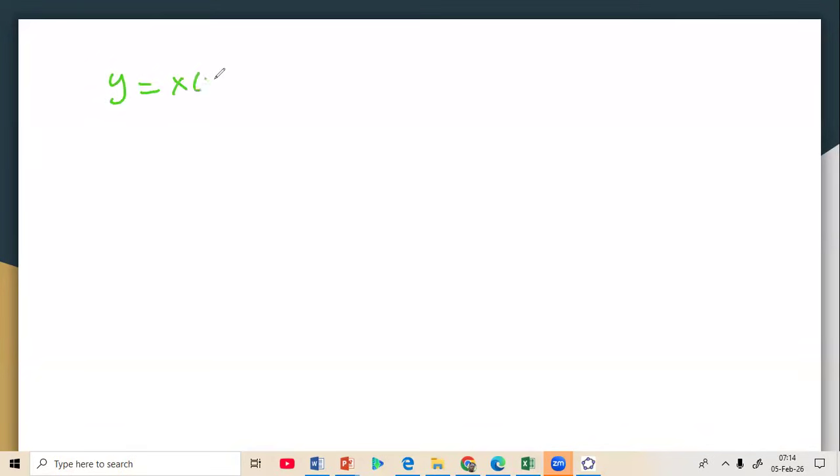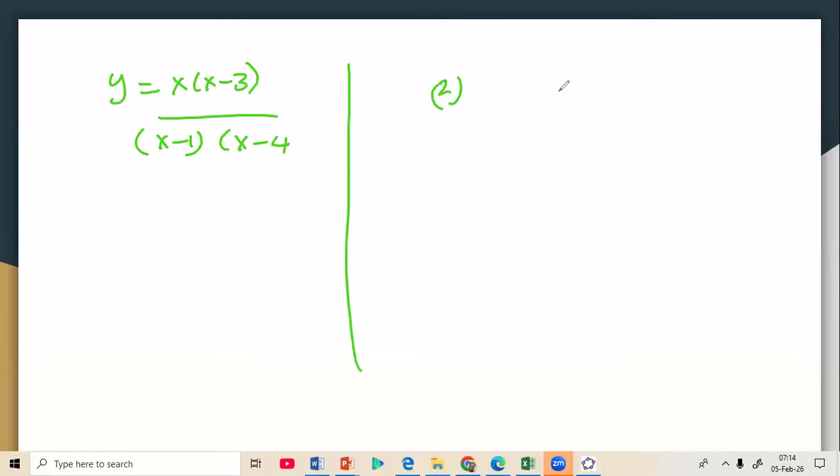Y is equal to (x minus 3) over (x minus 1)(x minus 4). Then number 2: y is equal to (4x minus 10) over (x squared minus 4).